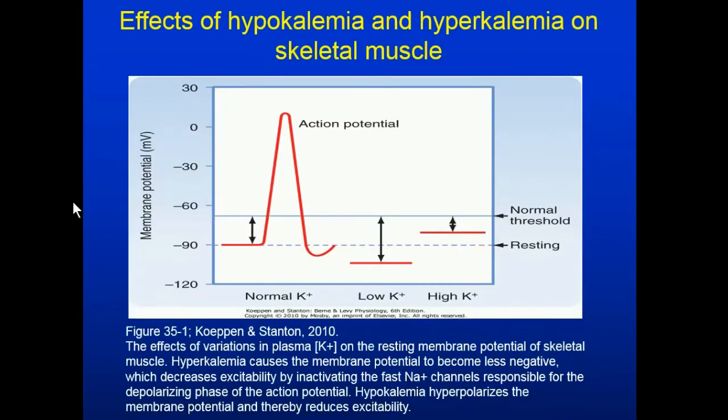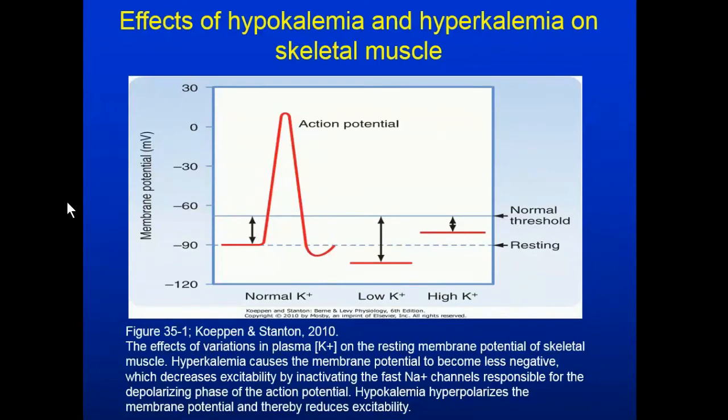On the left of this picture, you can see the effect of normal concentration of plasma potassium ion on the resting membrane potential of a skeletal muscle cell. In the middle and on the right, the effect of hypo and hyperkalemia on the resting membrane potential of the same cell are shown.